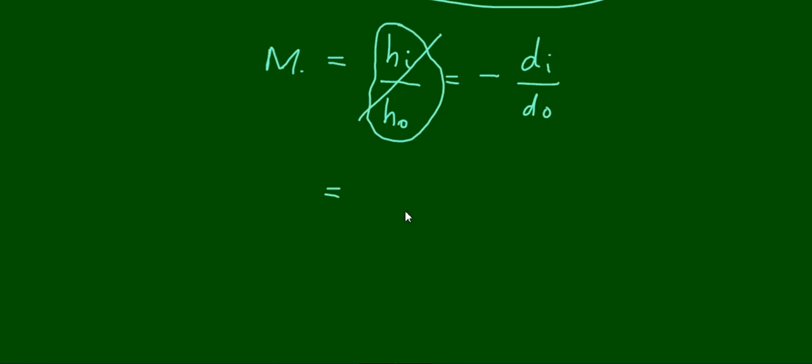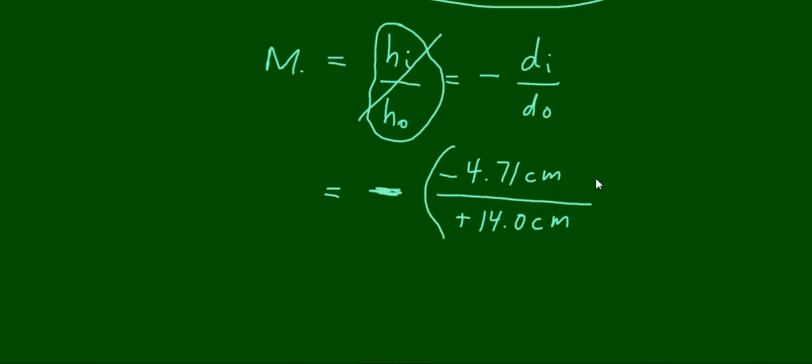Once again, we replace our known values with our quantity symbols. Remember the negative sign, that's important. And we look at what is the distance to the image. Well, the distance to the image from before was negative 4.71 centimeters. And that is divided by the distance to the object, positive 14.0 centimeters. The positive sign indicates that the object is a real object. The negative sign attached to the image distance indicates to you that it is a virtual image.